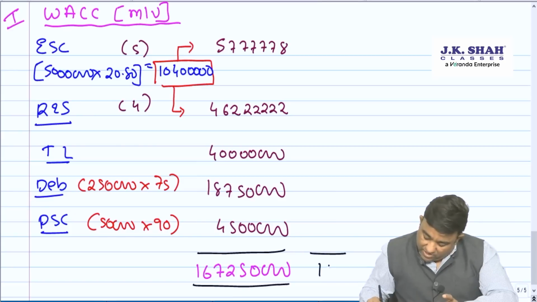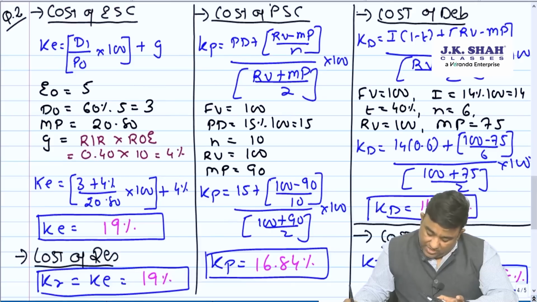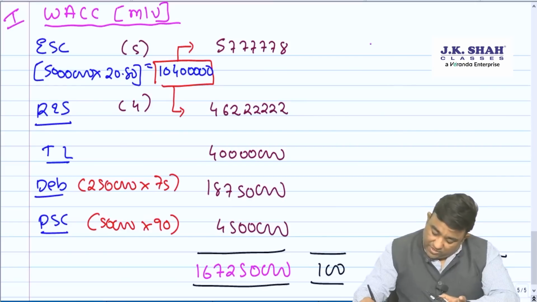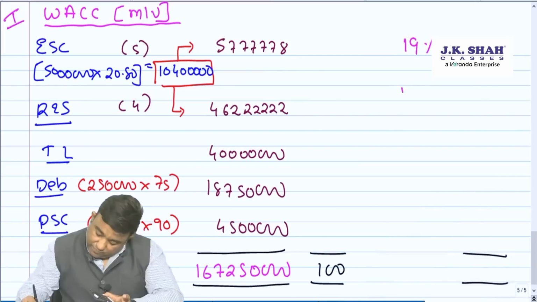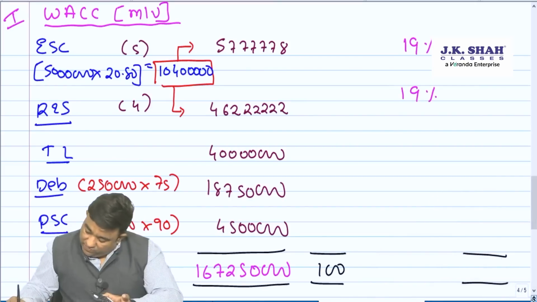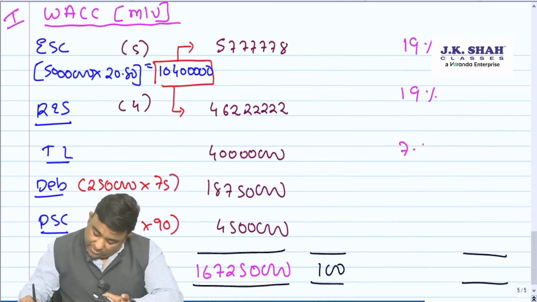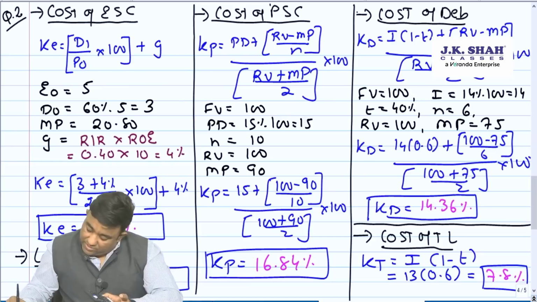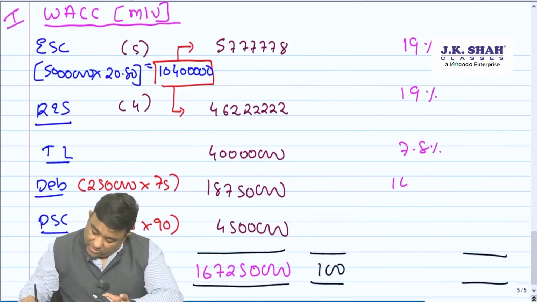With a base of 100, I can allocate the values and the costs here. KE and KR are 19%. Term loan we have calculated 7.8%. Debenture we have calculated 14.36% and preference we have calculated 16.84%.